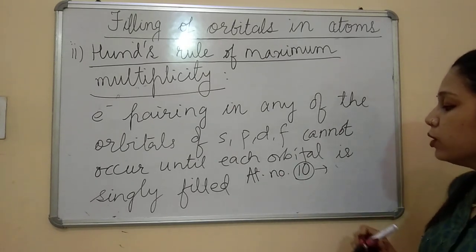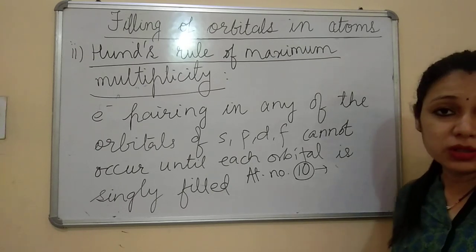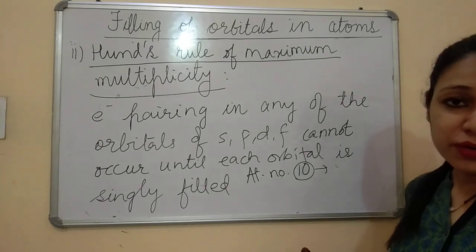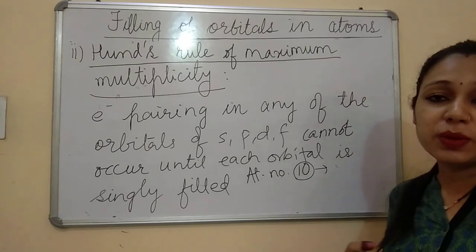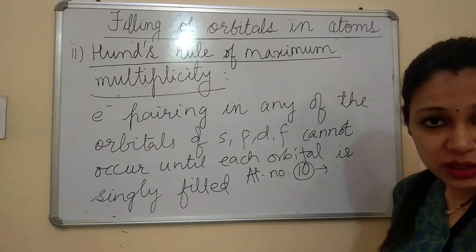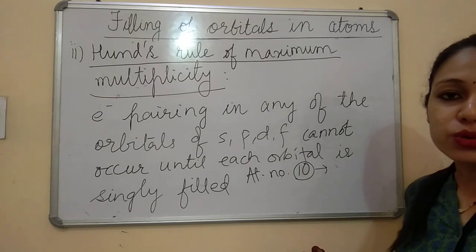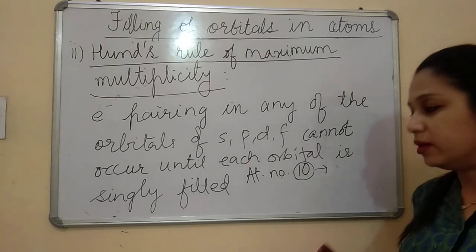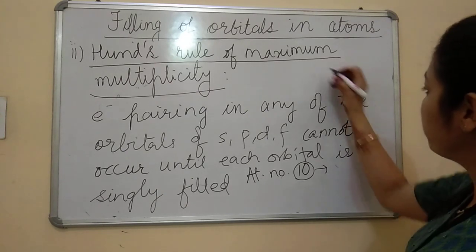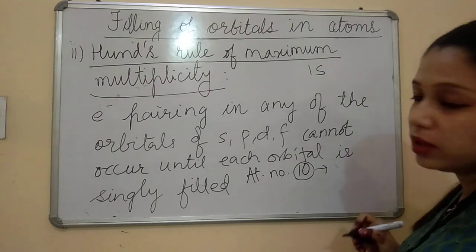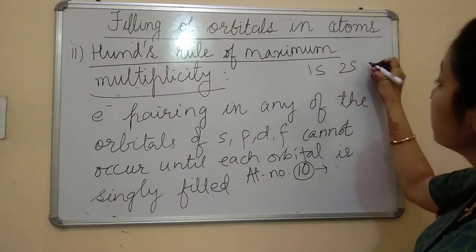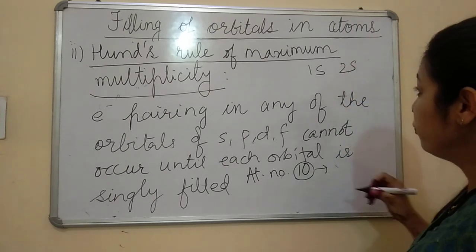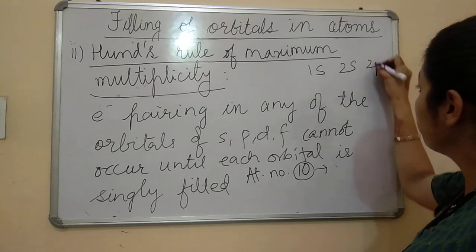According to the above principle, electrons are filled in increasing order of their energies. That is, the lower energy orbital is filled first, and then the electron goes to a higher energy orbital. So first we fill electrons in 1s, then in 2s, then in 2p.